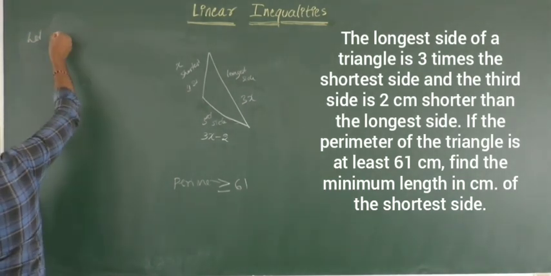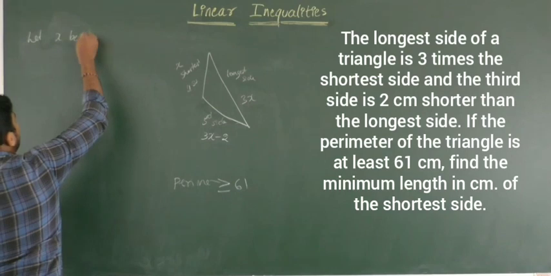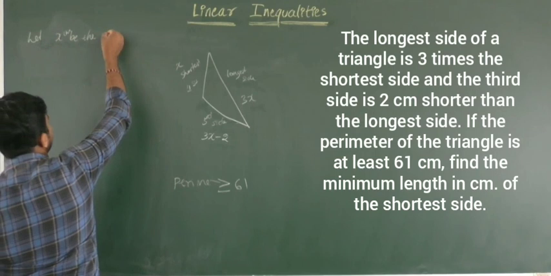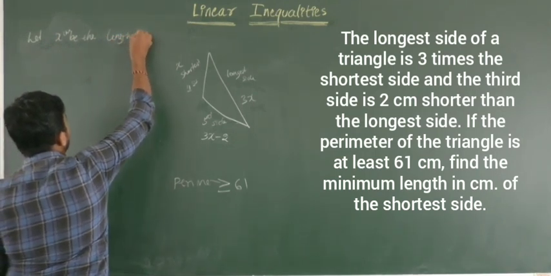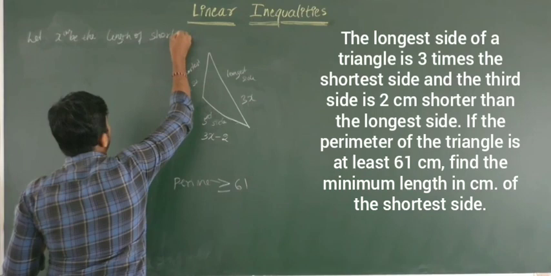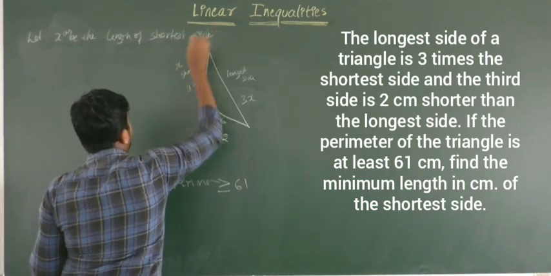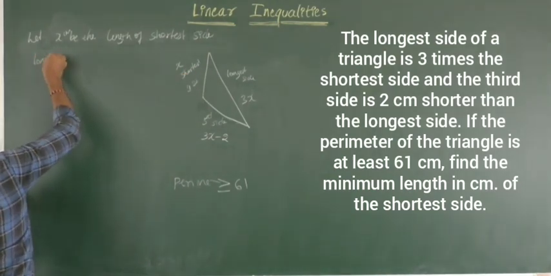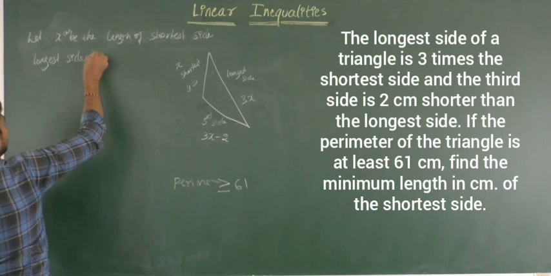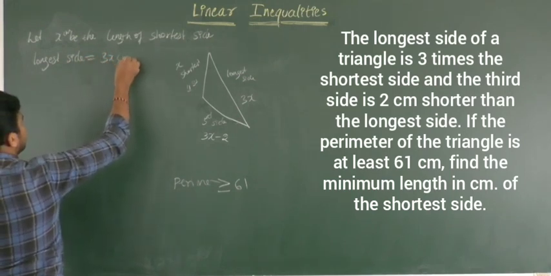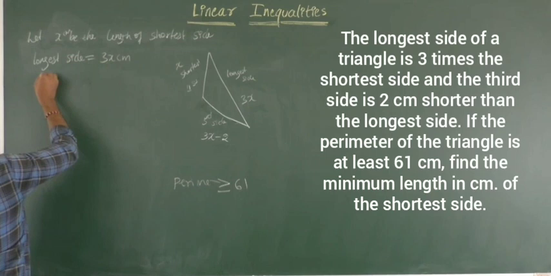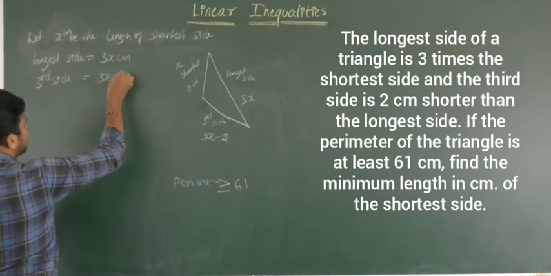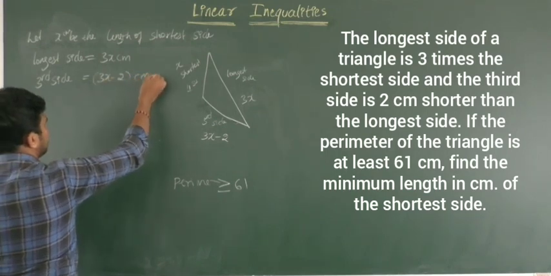I'll write the data we have. Let x centimeters be the length of the shortest side, all in centimeters. Then the longest side is equal to 3x centimeters and the third side is equal to 3x minus 2 centimeters.